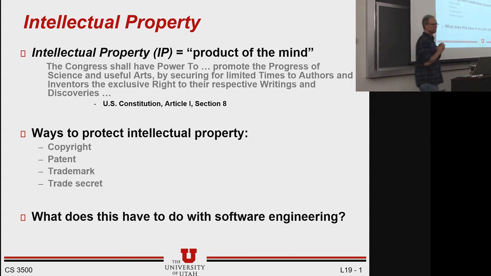Yeah? Don't big tech companies kind of get around this though by not really publishing their secrets? Well, yeah, if you keep something a secret, it becomes a trade secret. The example I always use for a trade secret is the formula for Kentucky Fried Chicken, 11 herbs and spices. Or the formula for Coke might be a better example. That formula for Coke has been around over 100 years.